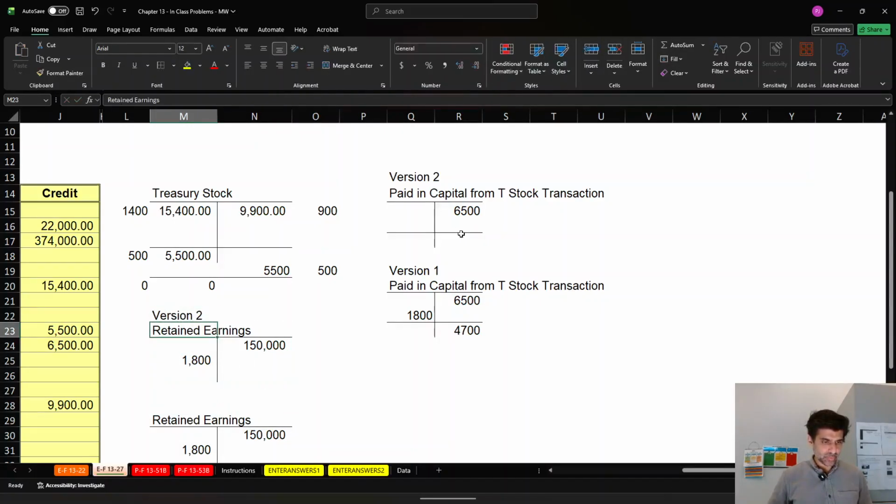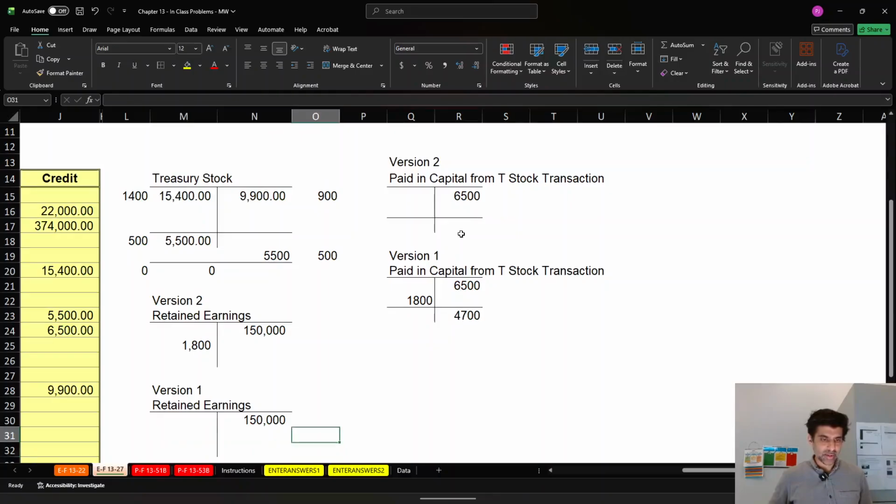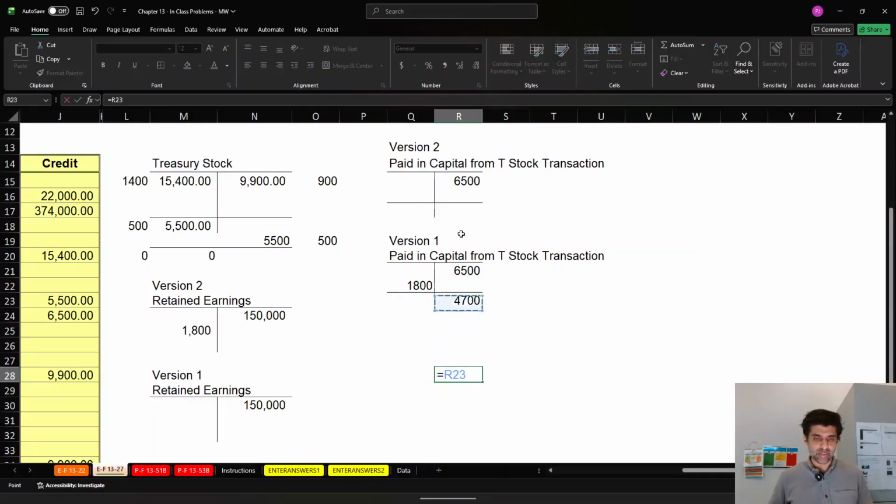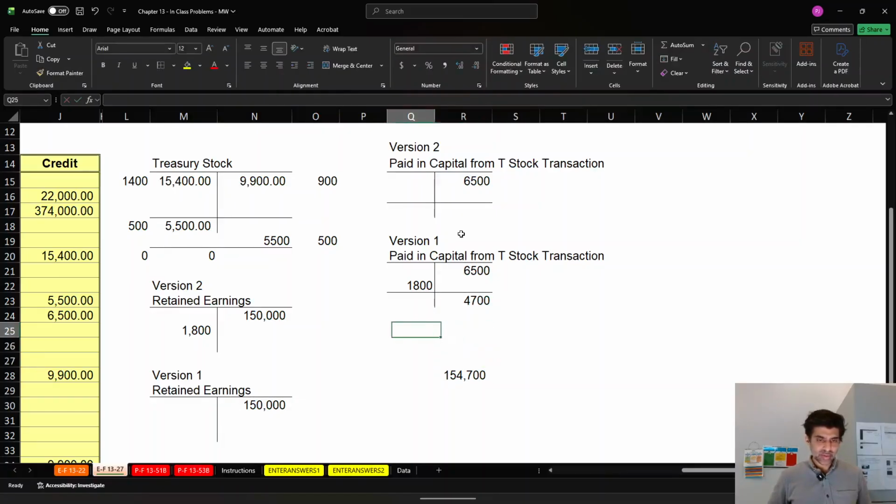Version 2. Version 1 of this was this not existing. Okay. So if we look at the total balance of equity from version 1, we have this balance plus this, right? These are both the version 1s. And if I take the version 2s, I have a larger balance here, 6,500, but I have a smaller balance here.